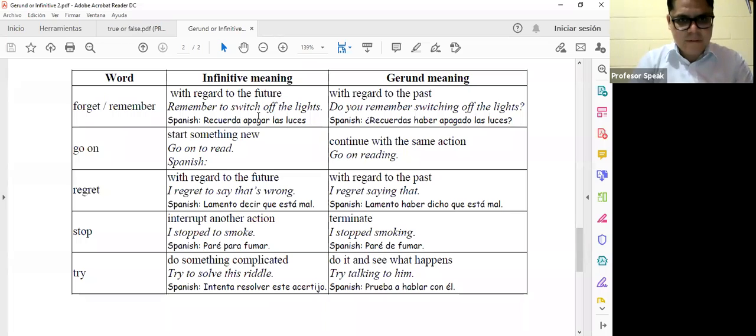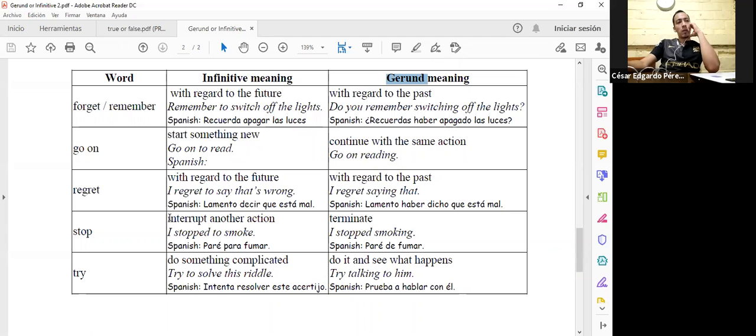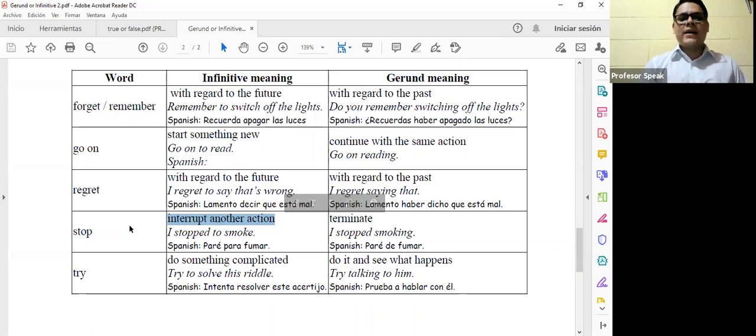Stop can be followed by an infinitive or by a gerund. When you use stop followed by an infinitive, it is when an action is interrupted by another action.